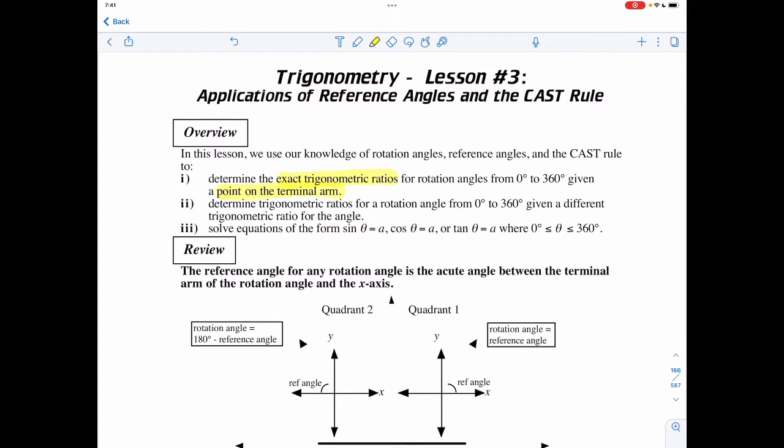We're going to determine the ratios for a rotation angle given a different ratio for the angle. And one of the key points, we're going to solve equations in the form of sine of theta is equal to, cos of theta is equal to, or tan of theta is equal to, where the angle is going to be between 0 and 360 degrees.